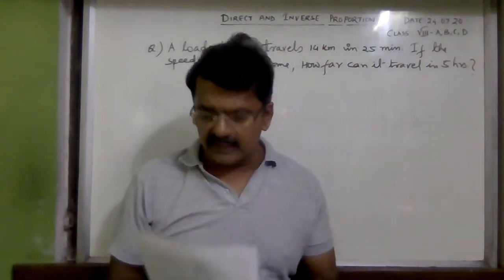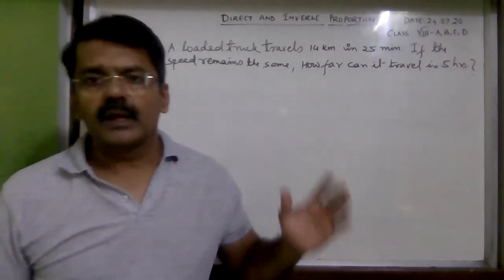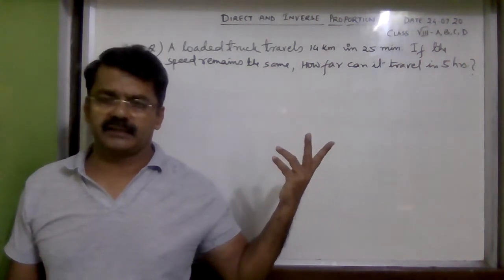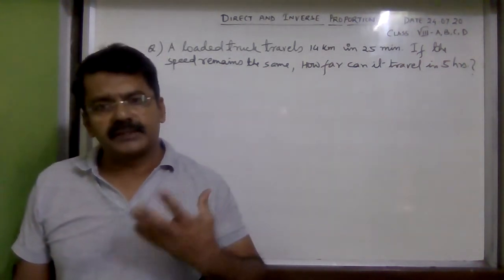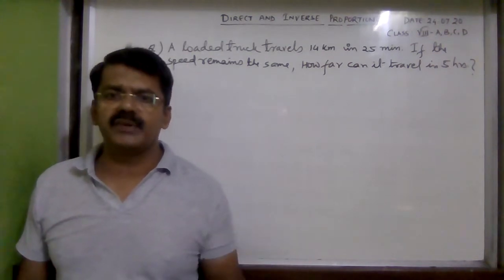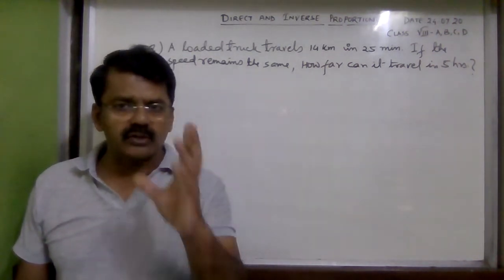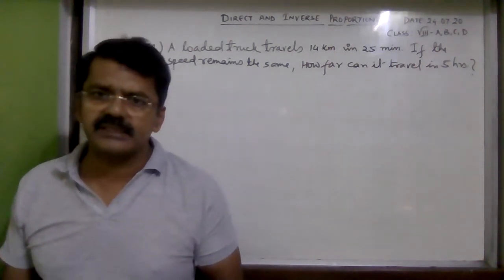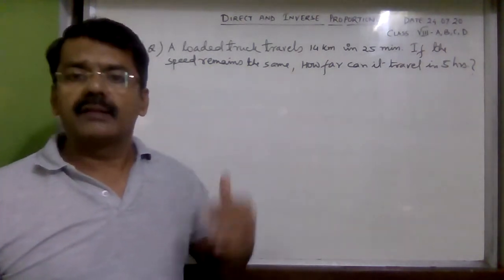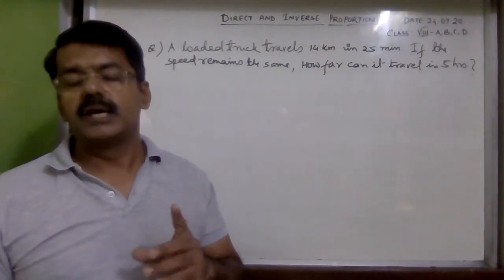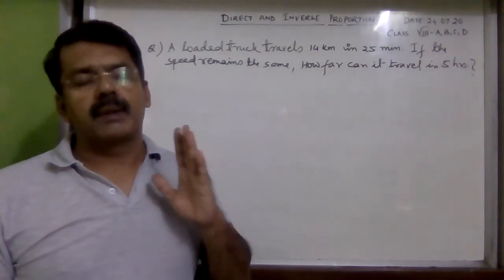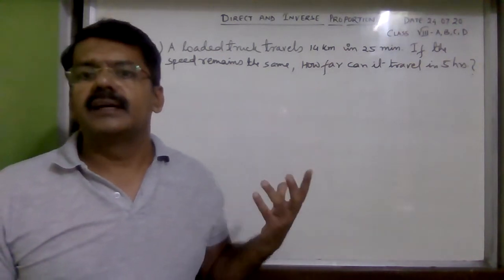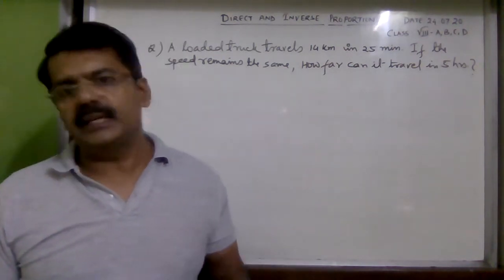Now see, in this particular question, the speed is fixed. So the two quantities in consideration are the time taken and the distance covered. Obviously any vehicle, if it moves with constant speed, in more time it will cover more distance, in less time it will cover less distance. That means the two quantities here are in direct proportion. So in your examination also, by reading the question, you have to decide whether the two quantities are in direct proportion or inverse proportion.